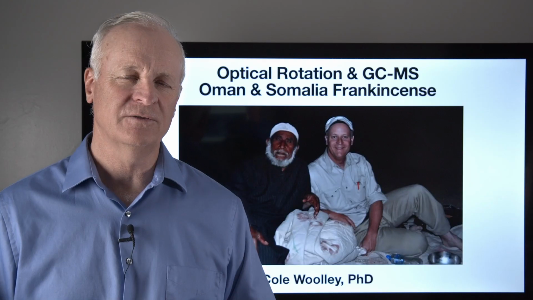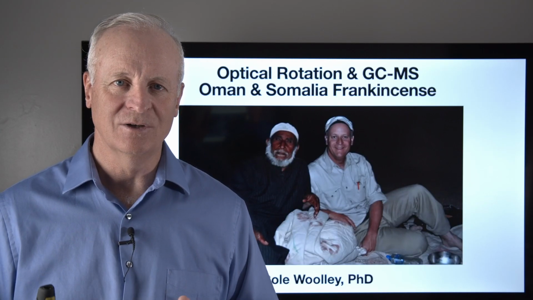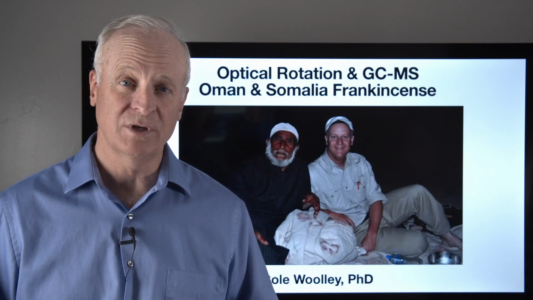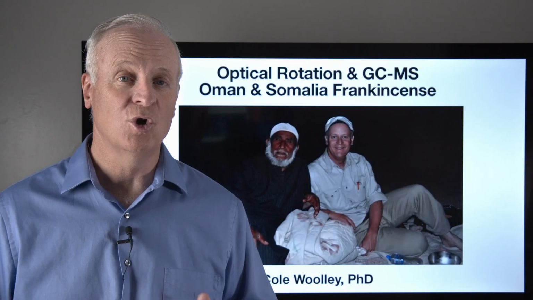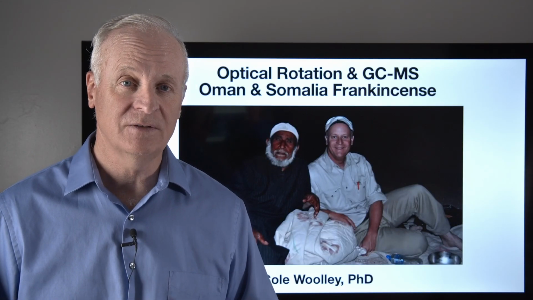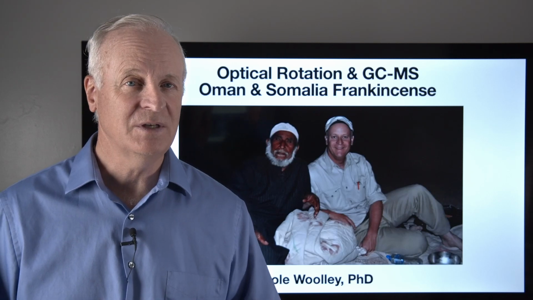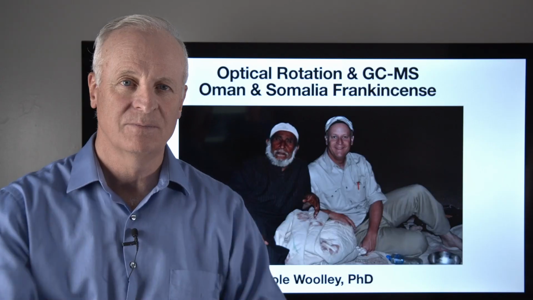Well, in this lesson, we've learned that if we take two analytical instruments and the data that comes from them, optical rotation and GCMS, we can show a difference between the Oman frankincense and Somali frankincense. They seem to be different because they have an enantiomeric divergence.